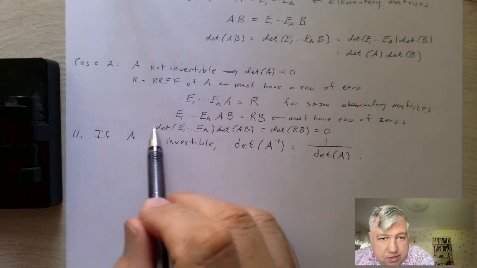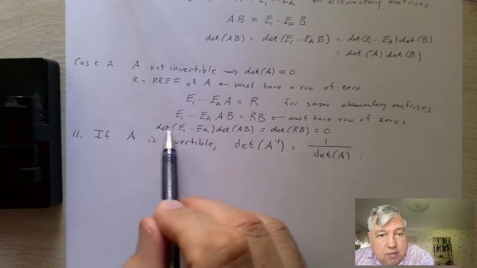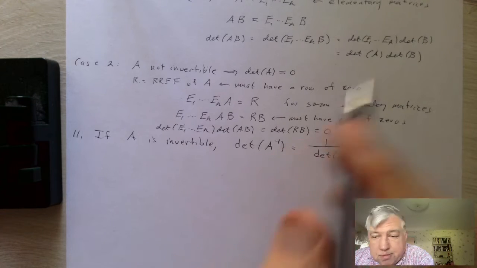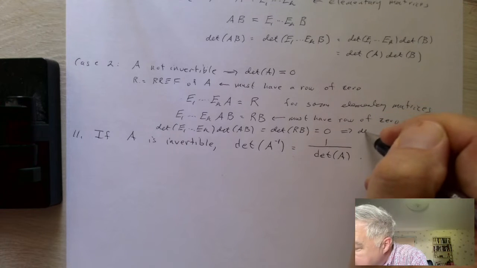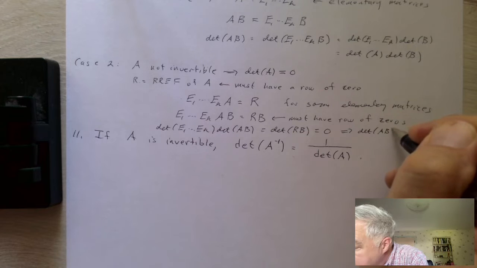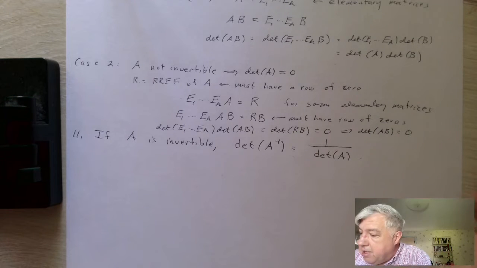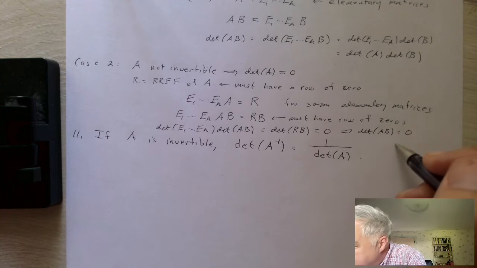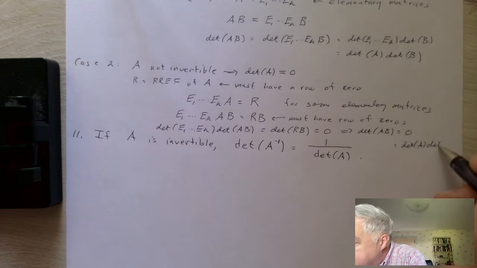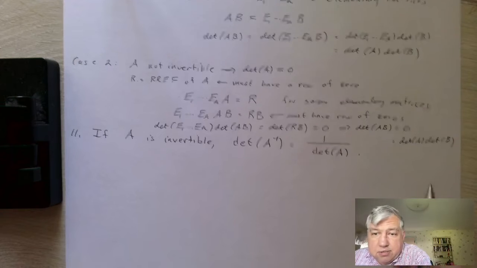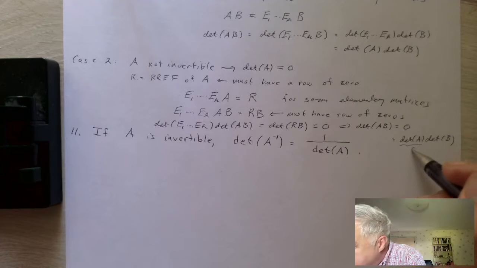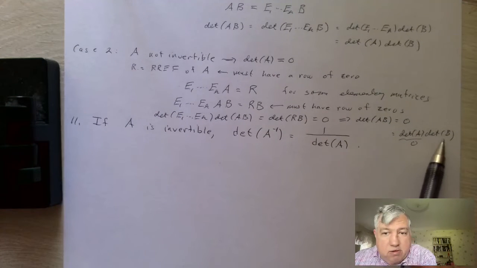Because this can't be 0, this must be 0. So the determinant of AB equals 0, which is the same as the determinant of A times the determinant of B, because in this case this is 0 as well. So it doesn't really matter what B is.